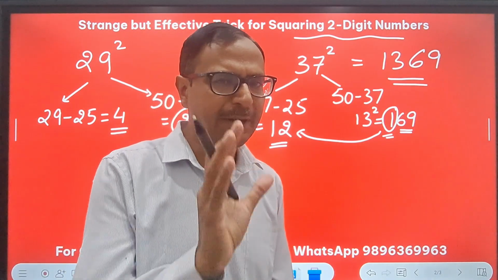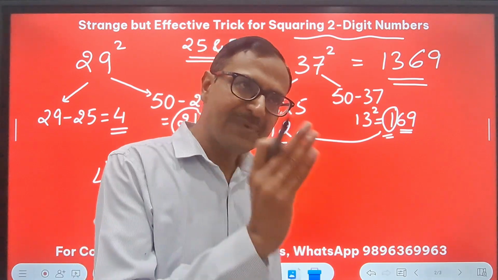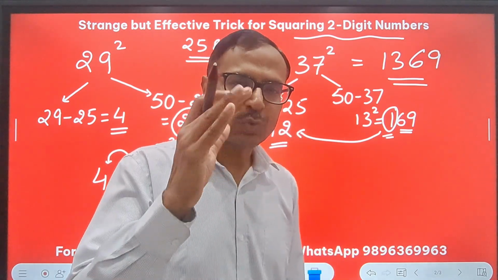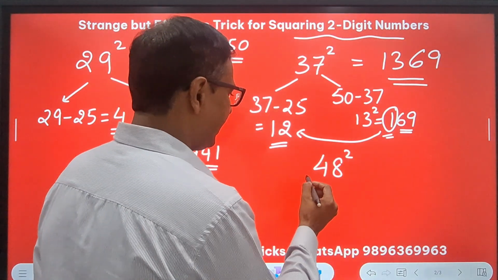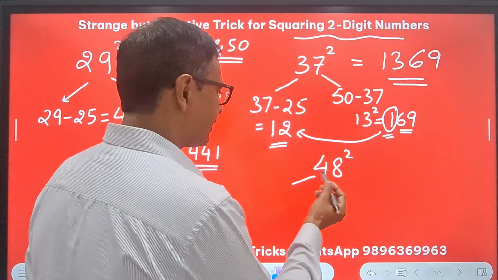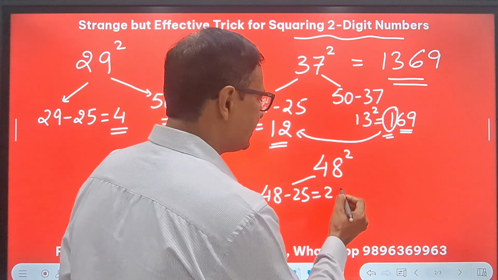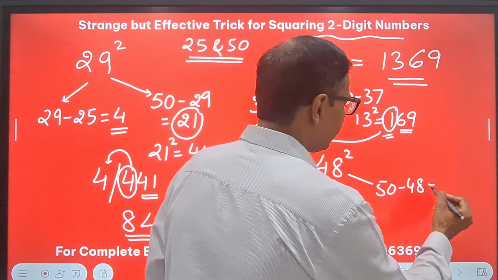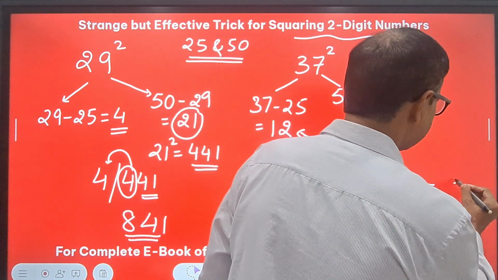Now you must be feeling better now, right? Let's see one more question, and you will see as we get closer to 50, the process becomes so much simpler. See, 48 square. Now if I do 25 subtracted from 48, I will get 23, right? And if I do 50 minus 48, which is 2, right?